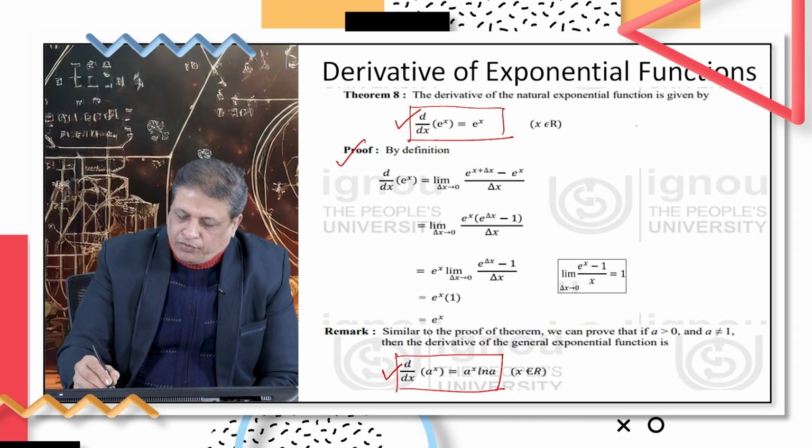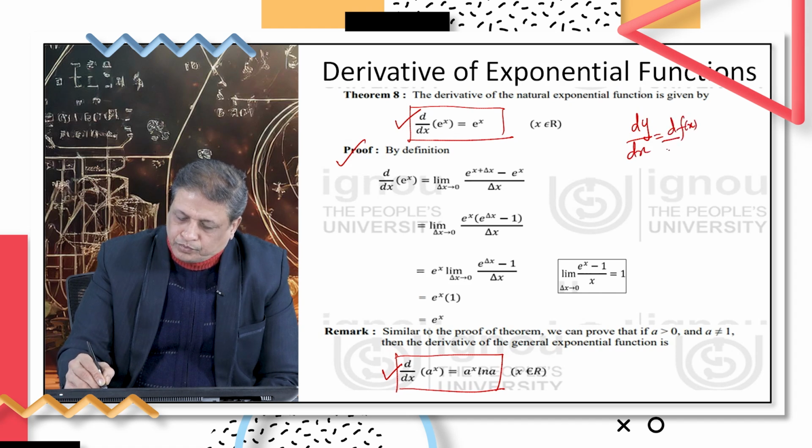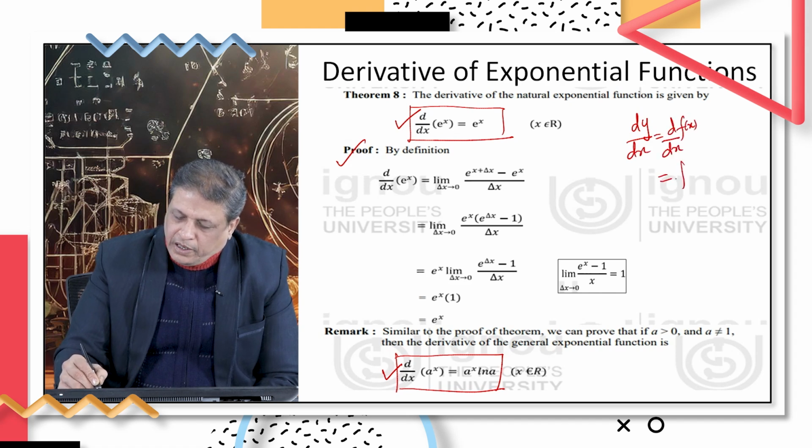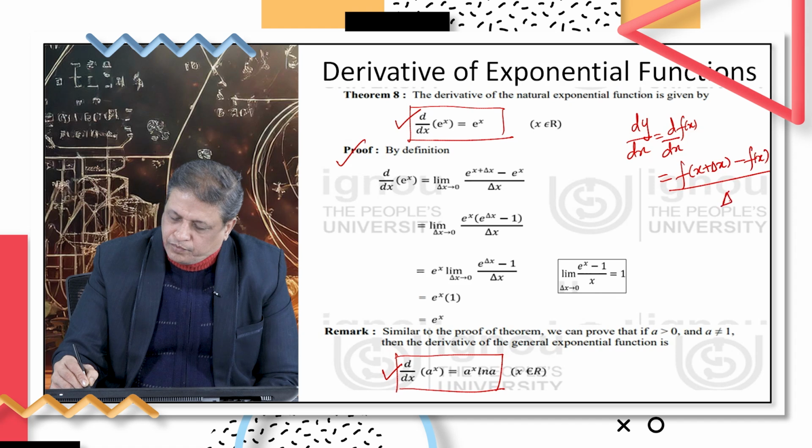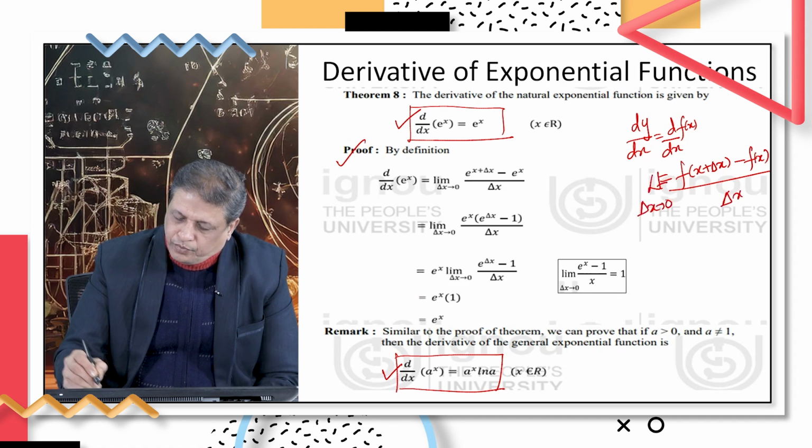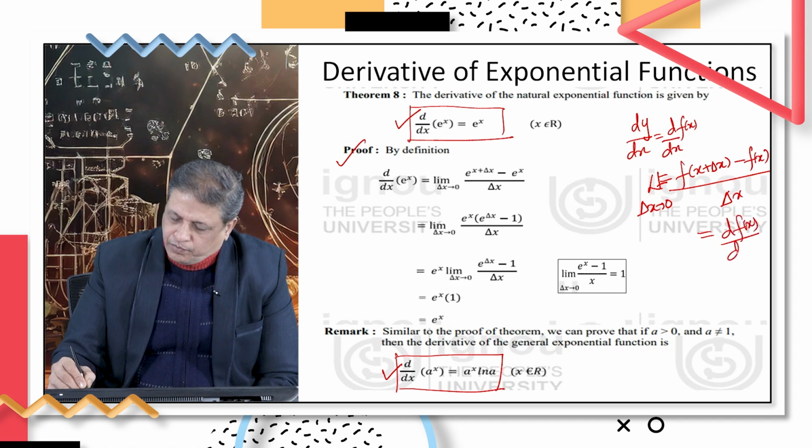Again, applying the formula, d/dx of f(x) is nothing but the limit as delta x tends to 0 of (f(x plus delta x) minus f(x)) upon delta x, which is df(x) by dx.